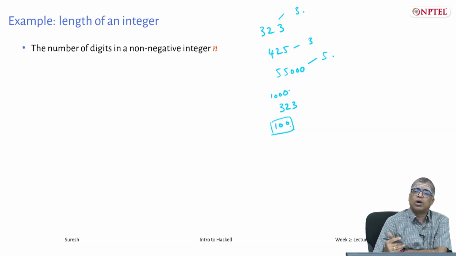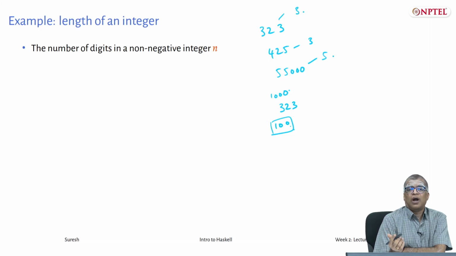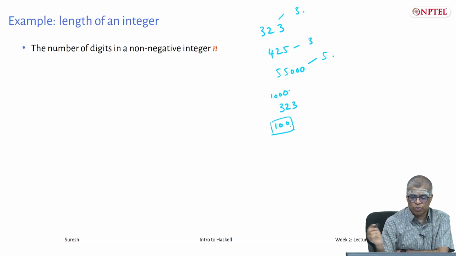So, really this is what you want to do. You want to start at 1 and keep multiplying by 10, and see when you go above 323, and at that point you will say that that is the length. So, this is one way of doing it.